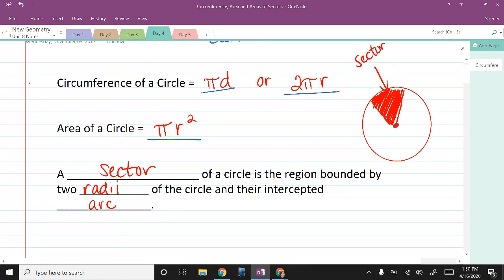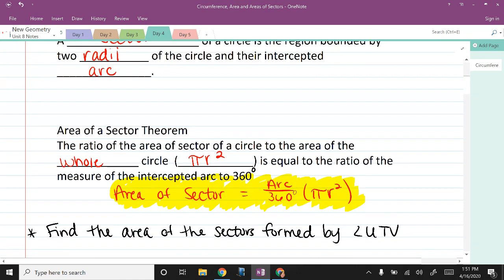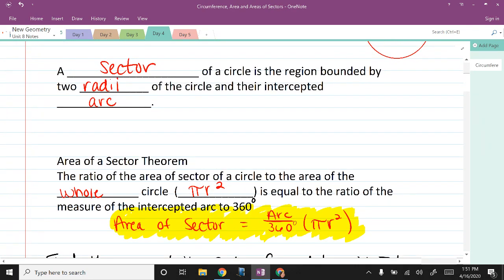All right, so let's talk about what a sector is. A sector of a circle is a region bounded by 2 radii. That means 2 radiuses, but we say radii, of the circle and their intercepted arc. So 2 radii form the sides of your pizza, if you will, and the arc would be the outside edge of the pizza. Okay, so the theorem, highlighted in yellow right here, says the ratio of the area of a sector to the area of the whole circle, pi r squared, is equal to the ratio of the measure of the intercepted arc to 360.